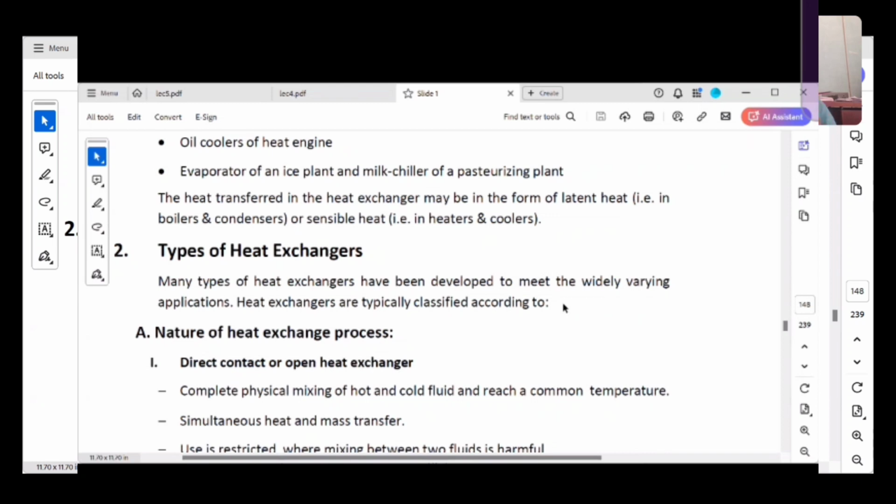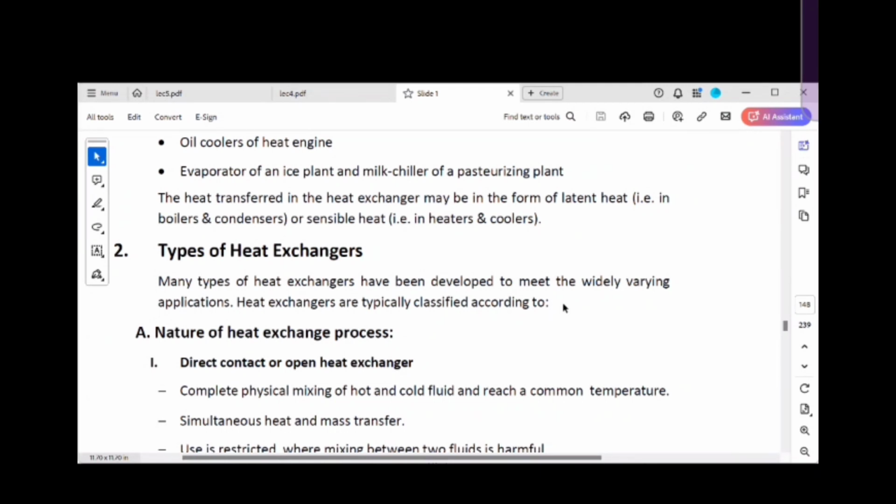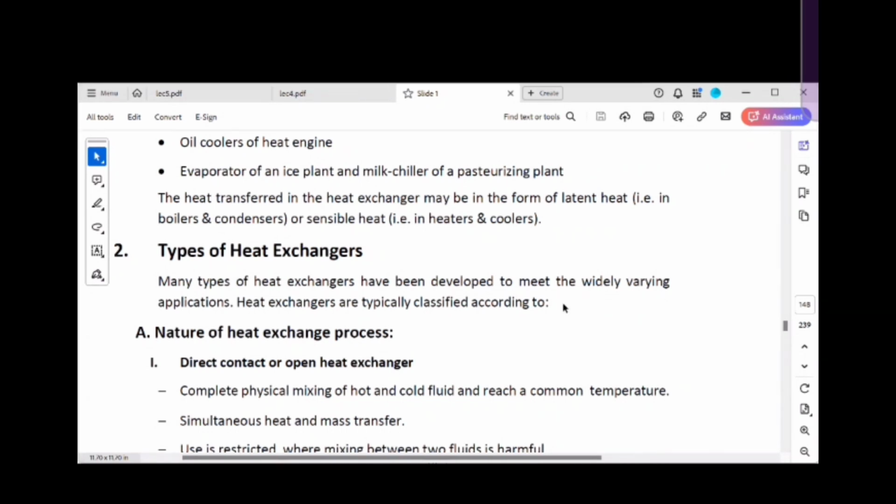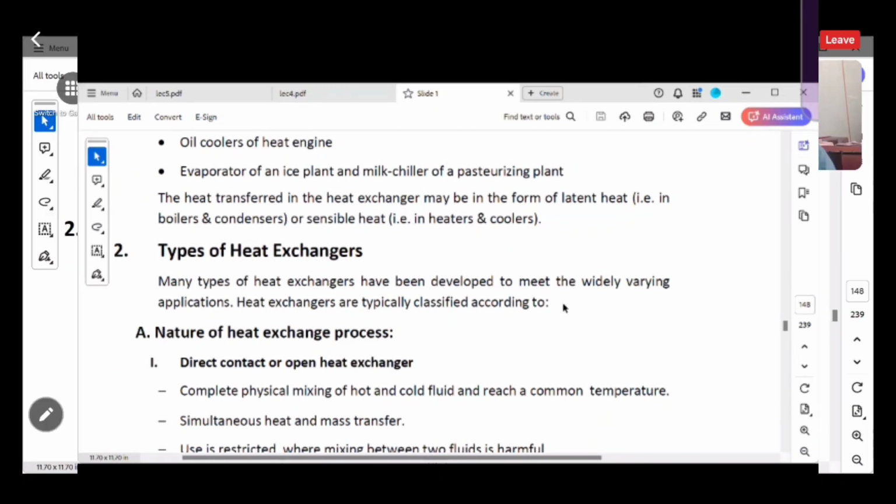So a heat exchanger is a device that is used to transfer heat between two fluids, and the heat that is transferred may be a sensible heat or a latent heat. Latent heat na, a phase change is involved. Sensible heat na, no phase changes are involved.